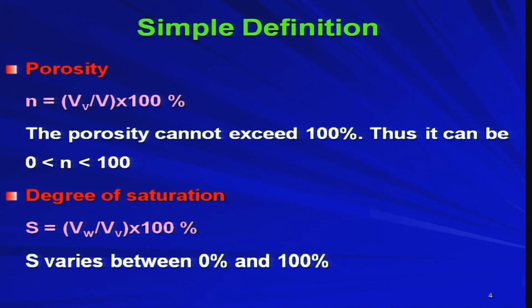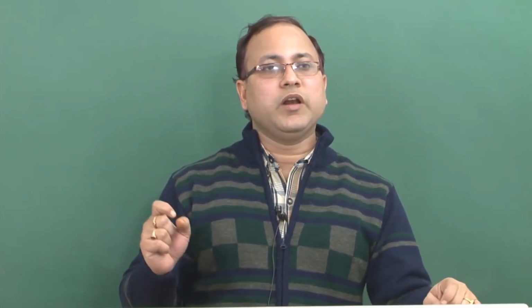Now, what does it mean? What do you mean by degree of saturation physically? Suppose you have the voids. If I say this soil is 10% saturated, or the degree of saturation of this soil is 30%, what does it mean basically? That means you have the voids, and these voids will be occupied by either water or air.